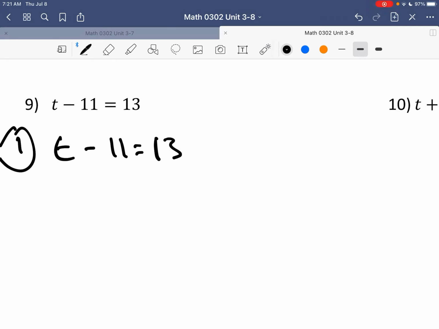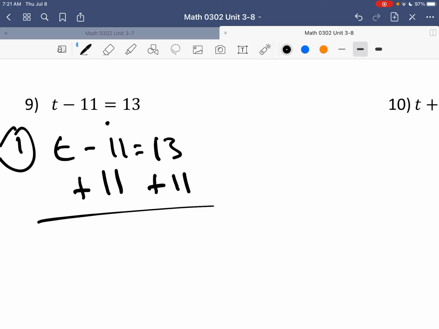And so we have a subtraction here, so we'll be adding numbers using the addition property of equality. Add a number such that whenever you combine it with the minus 11, it will cancel, i.e. find the additive identity. So that will be the number 11 here.